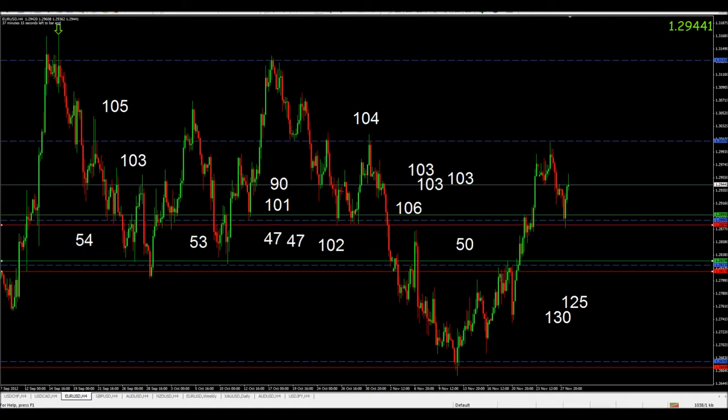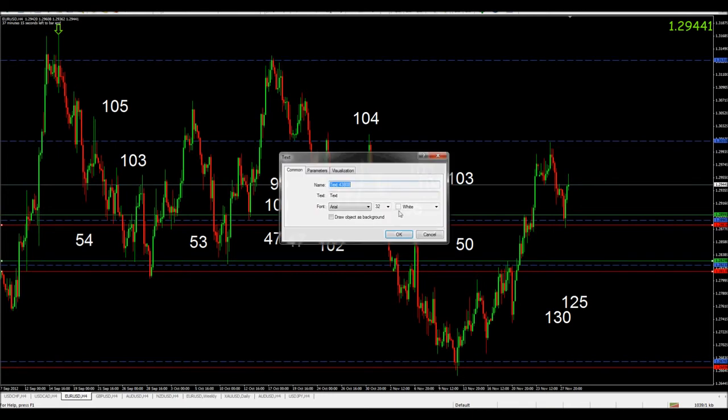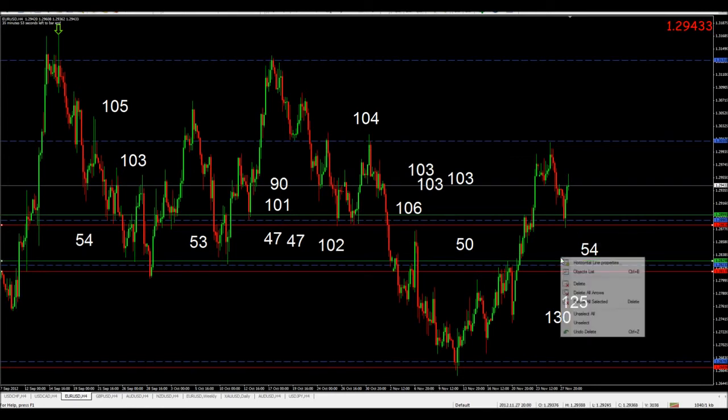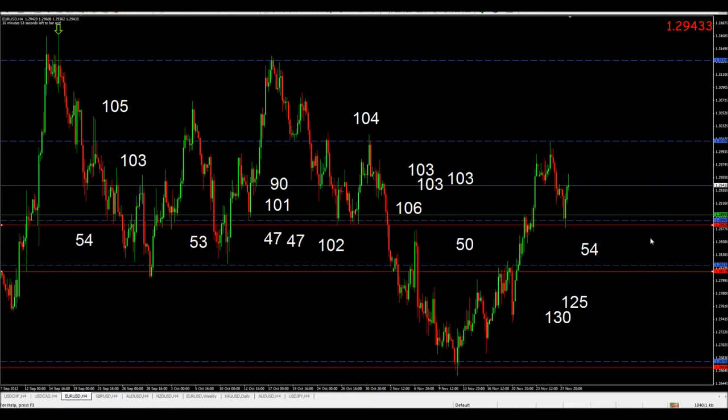So this one takes profit, 54. So we get rid of this buy. Okay, so we don't have many buys anymore, as you can see. We have 3 sells and 1 buy.